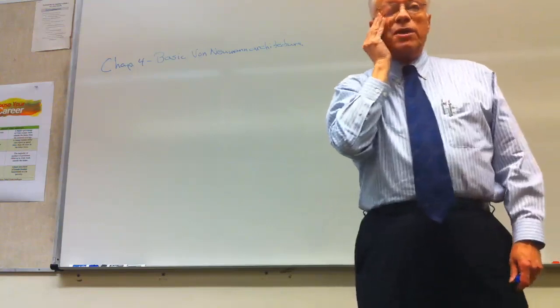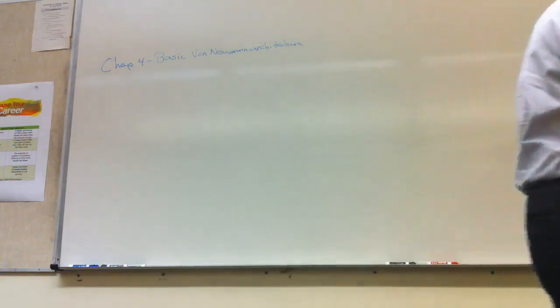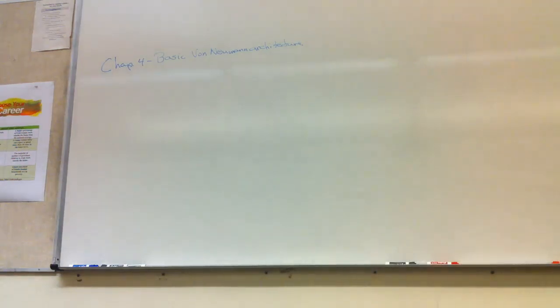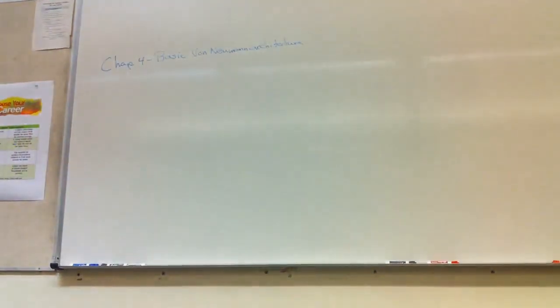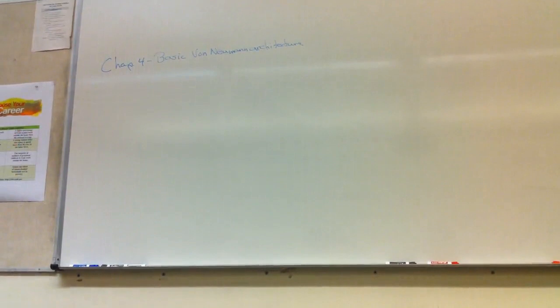What the basic von Neumann architecture is. Essentially all computers today are running a von Neumann architecture. There's been a lot of discussion that, yeah, we've made a lot of advances and we're able to do some pretty wonderful things with a lot of memory and all the rest of that.